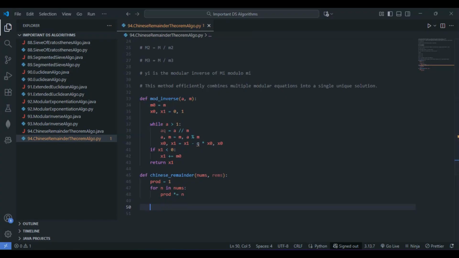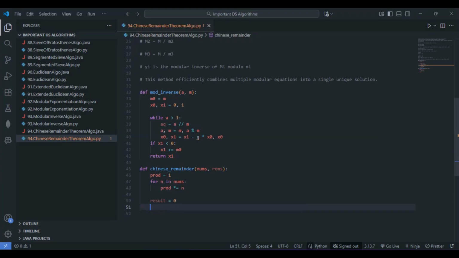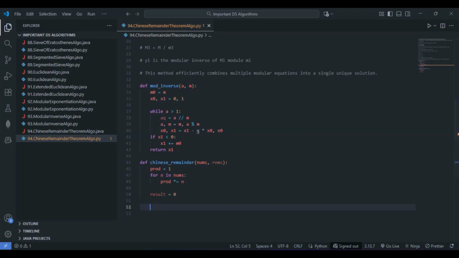Next, let's go with the result part. Let's initialize the result to 0. So this is fine. And now let's move on with step 3. Third step, nothing but here, let's loop through each congruence equation. So for i in zip nums comma rems. So this is also fine.